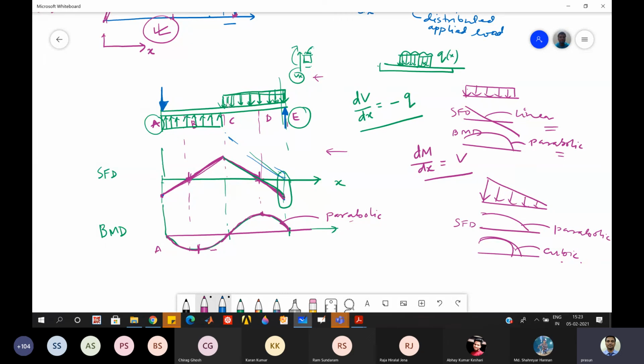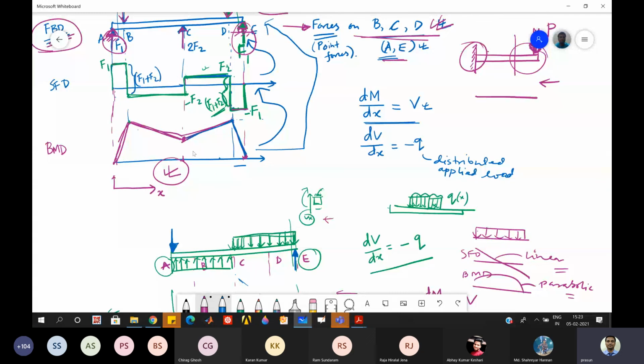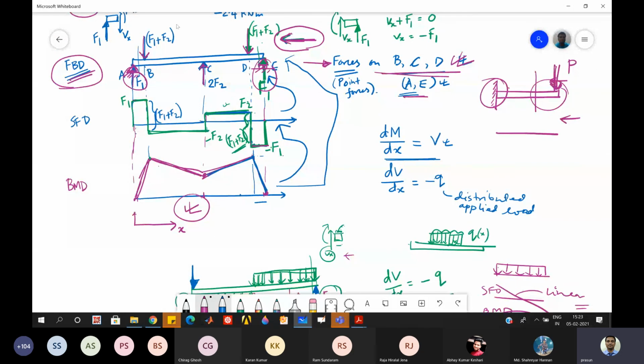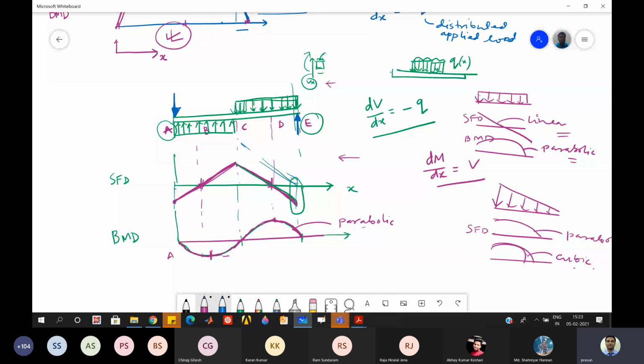If the bending moment is symmetric, as you can see here for M, the loading has also become symmetric. Whereas your shear force will be anti-symmetric from this middle line. And here the loading is anti-symmetric, shear force is symmetric, and bending moment is anti-symmetric.